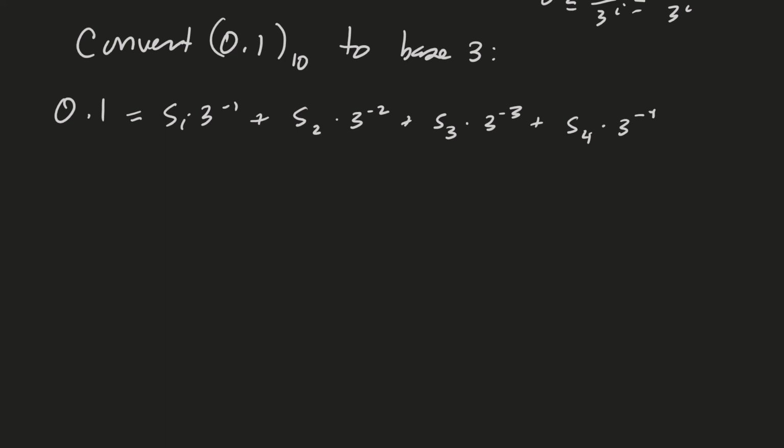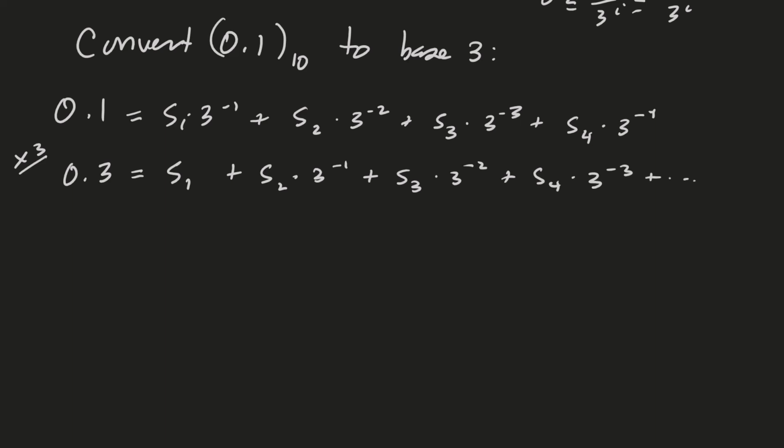Now, what happens if I multiply both sides by 3? Then that becomes 0.3 is equal to s1 plus s2 times 3 to the minus 1 plus s3 times 3 to the minus 2 plus s4 times 3 to the minus 3, and so on.